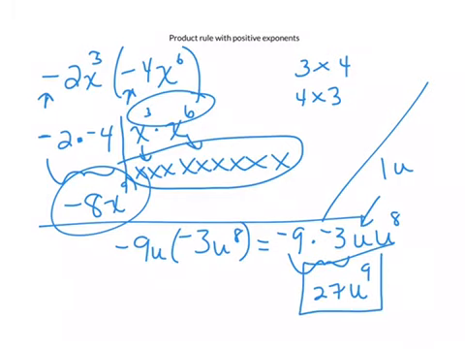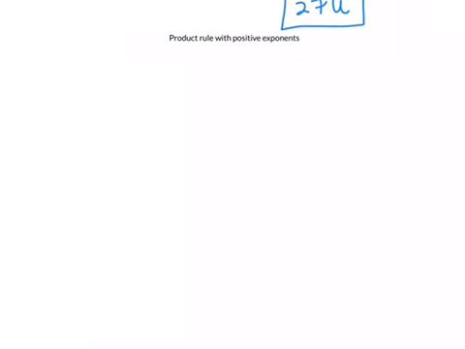All right, let's move that aside, get that out of the way. How about this? What if we have negative 3 v to the 6 w squared times 5v w to the 3rd?